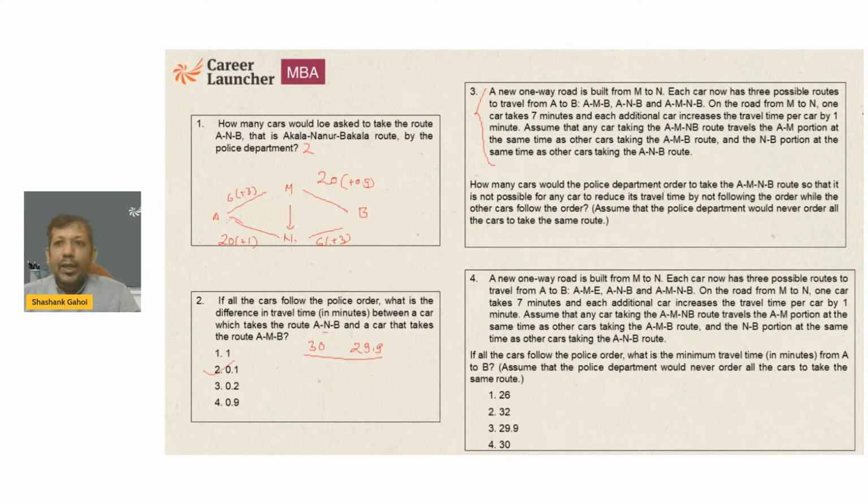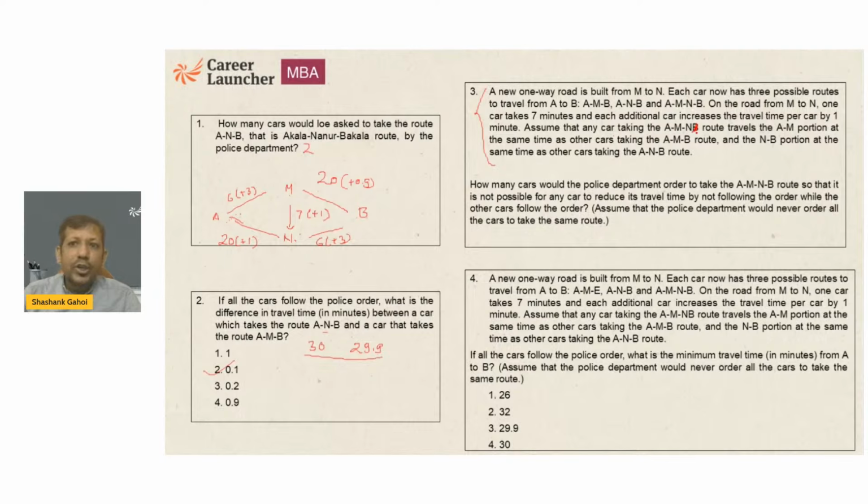Okay. Now one car takes 7 minutes. Okay, one car takes 7 minutes, and each additional car takes plus 1 minute. Okay. Assume that any car taking A and B, AM and B routes travels AM portion at the same time. So A, M, and B takes same time as car taking A, M, N route.